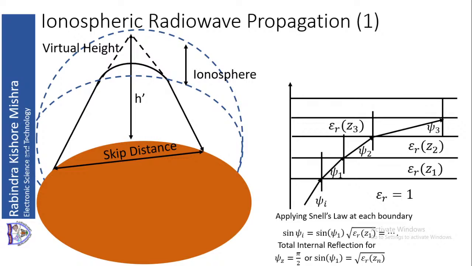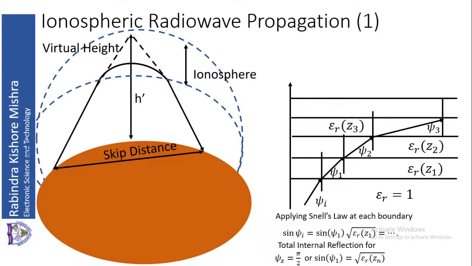To understand why it curves down and how it comes back to the earth, we will do a certain analysis. Remember that it depends on two things: the frequency of the wave and the angle of incidence onto the ionosphere.